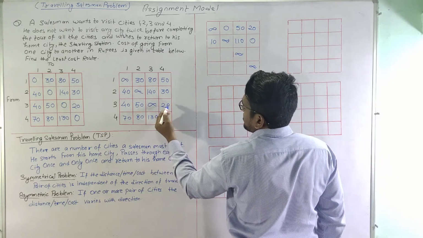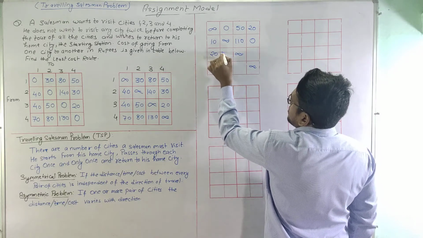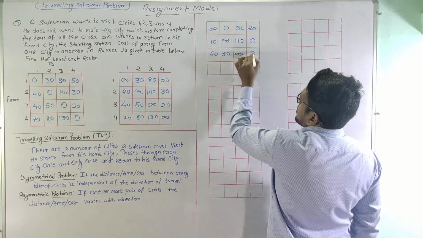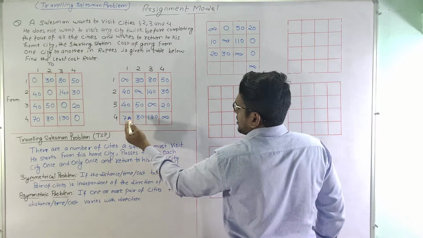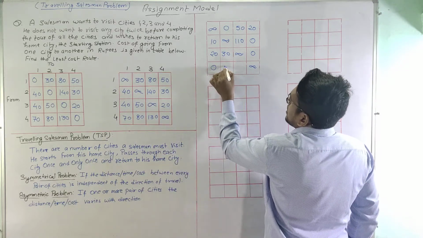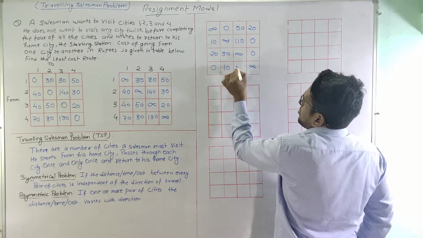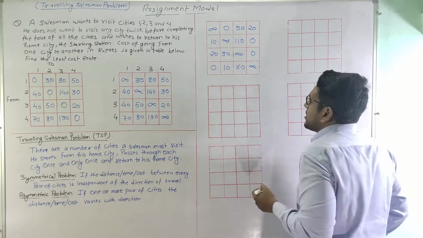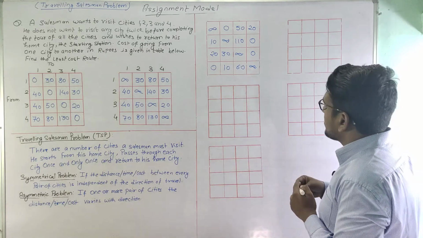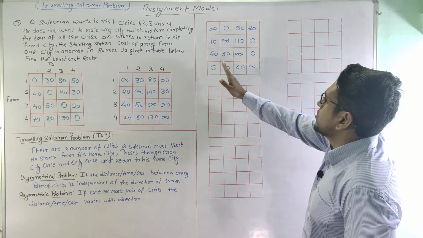Here the minimum value is 20, so 40 minus 20 is 20, 50 minus 20 is 30, and 20 minus 20 is 0. Here the minimum value is 70, so 70 minus 70 is 0, 80 minus 70 is 10, 130 minus 70 is 60. Now we can see that we have zeros in each row, but we do not have a zero in each column.